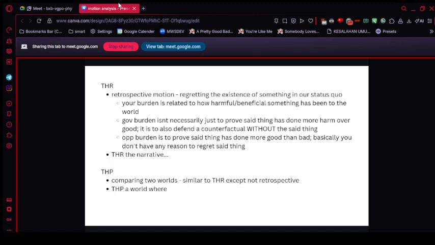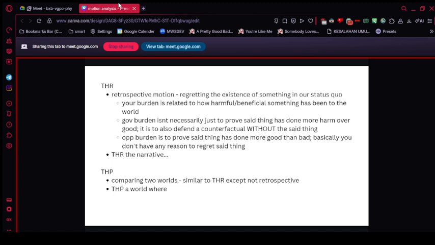And for this house prefers, I feel like it's kind of similar to this house regrets, except it's not retrospective, and more often than not, you do not see it coming up like this house prefers the narrative. I've never seen that before. It's usually just talking about worlds. They usually say this house prefers a world where blah blah blah, and it's basically just comparing two worlds.